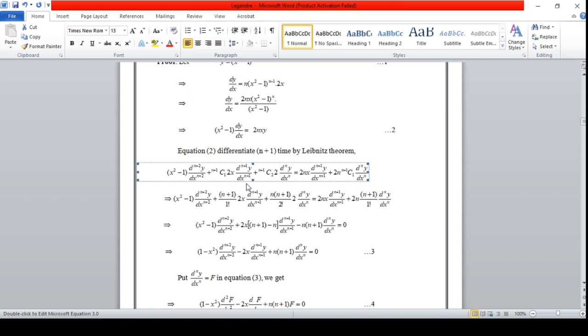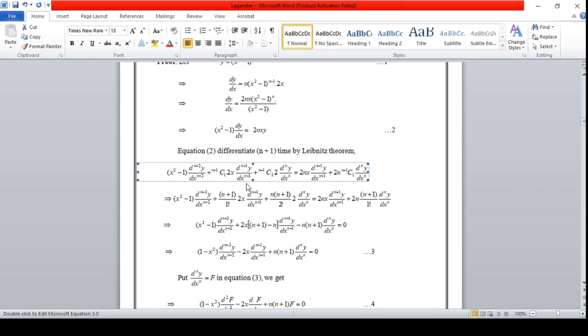This equals 2n, which is constant, times the first function into the derivative, so d^(n+1) y upon dx^(n+1), plus the derivative of 2x, which is 2, so this is 2n times (n+1)C1 d^n y upon dx^n.